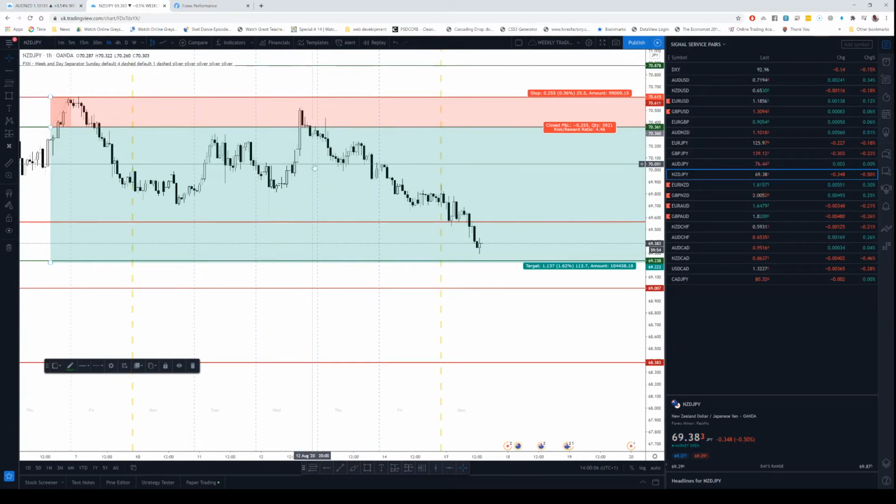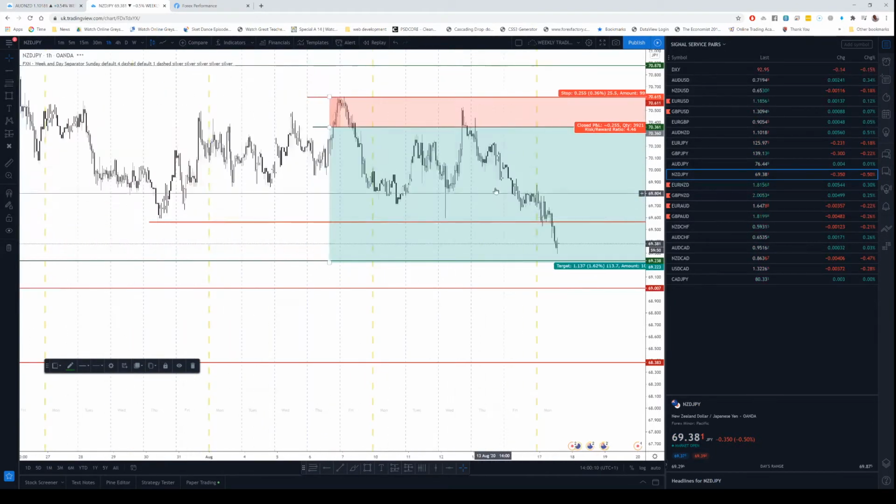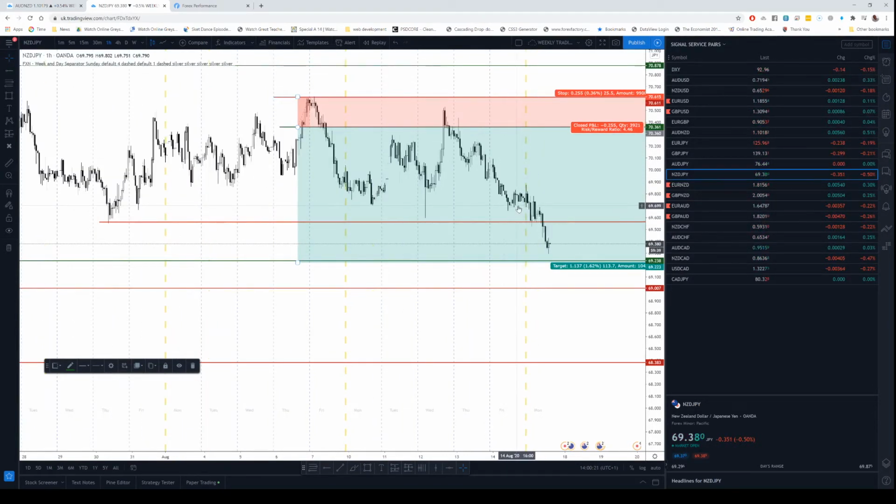We took first profit up here, and then we let the rest run. I closed my trades on Friday. So on Friday I was out of this trade around 5 o'clock, right here, and then we've just seen it continuously roll down.